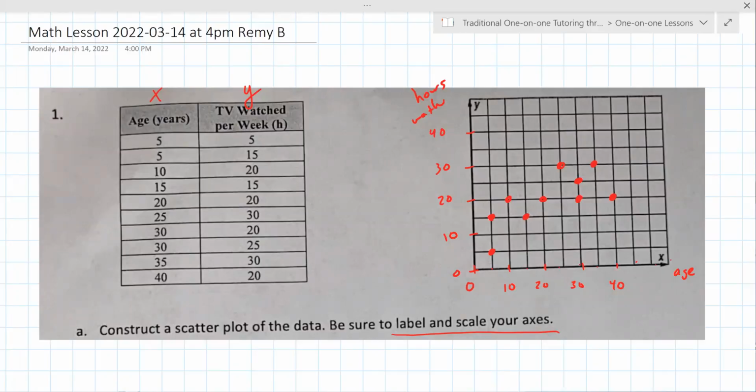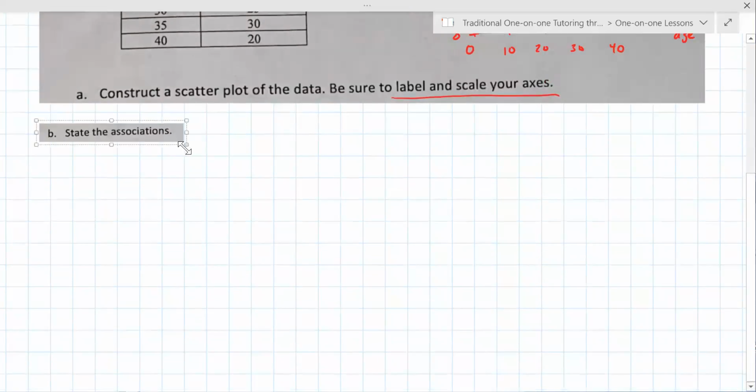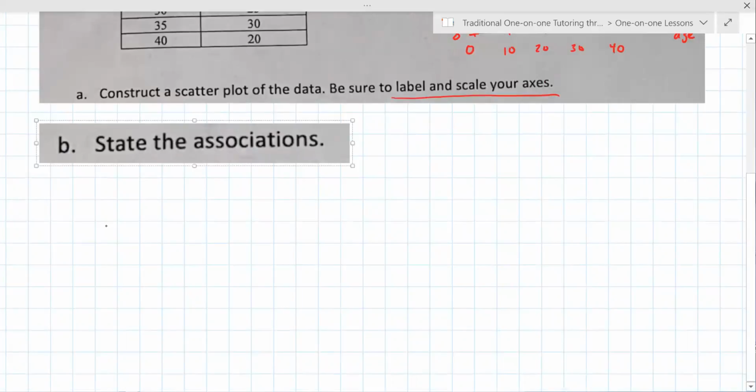All right, so next question here, it says to state the association. What they're looking for is something like this: blank, and then the word either increase or decrease. But usually it's increases. Blank increases, blank, and then you have to choose what's going on over here.